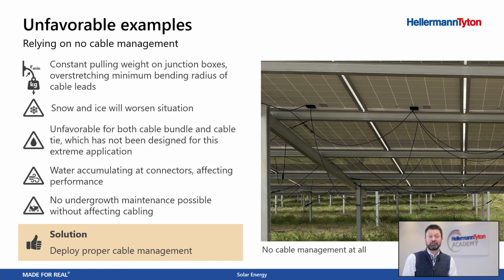The second picture is actually no cable management on a fixed tilt installation. So that is working for a while, but I would say in a couple of years this plant is going offline for sure. It means to have a constant pulling weight on the junction box, which is not good.